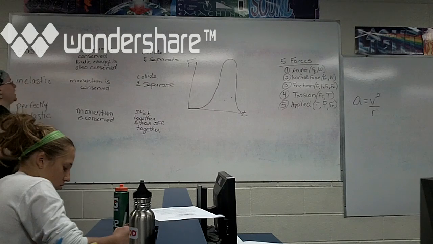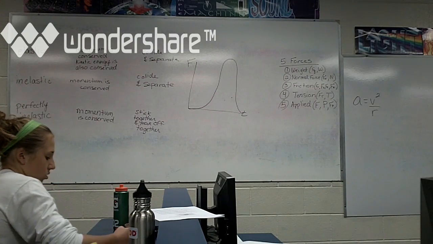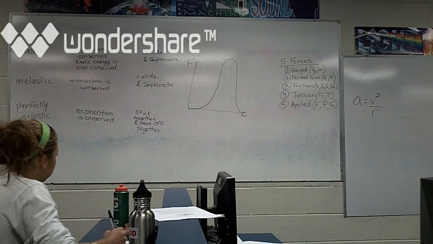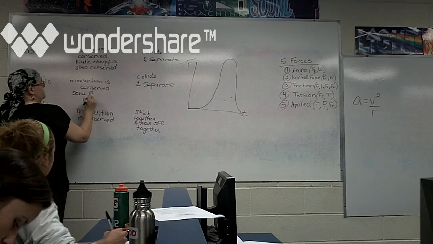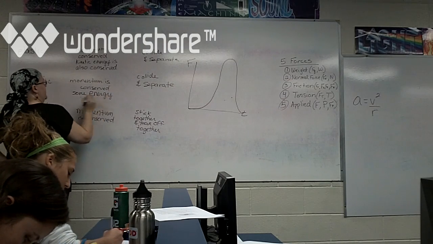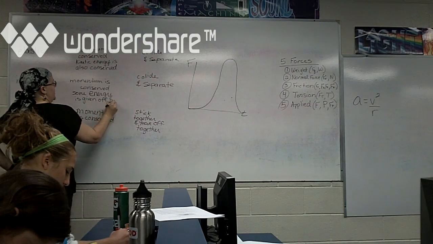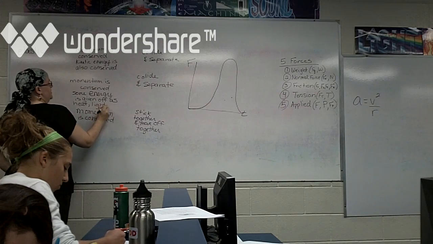Whereas in an inelastic collision, that's not the case. Some of the energy is given off. This is more like a real-world collision, where you collide and you get heat, light, and sound.